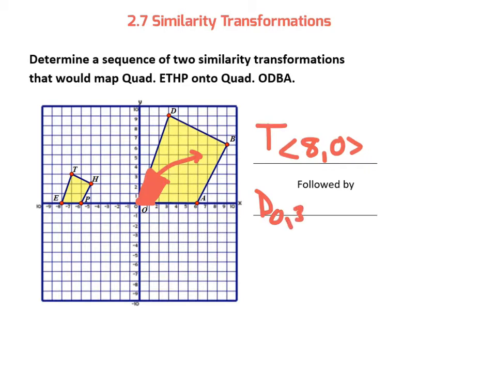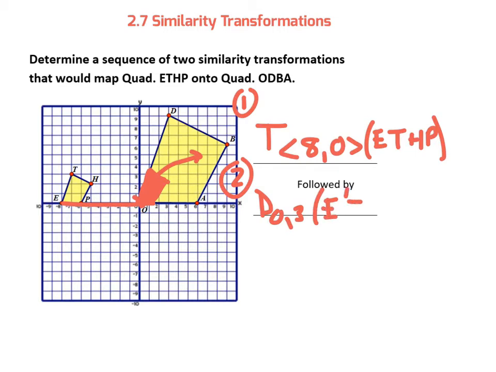And so the first step I would do is translate it over into this position. And the second step I would do is dilate that. And so maybe to be better off, we might say ETHP is what we translated. And then we would dilate that guy's image by a scale factor of 3. And bam, we would land on that guy right there. Perfect.